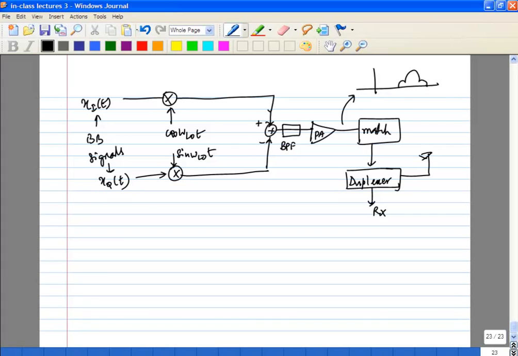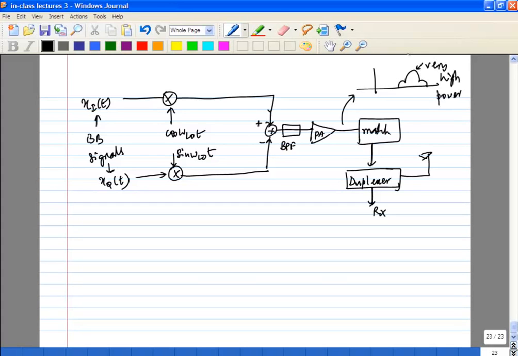So it's going to be some kind of modulated signal, and it's going to have very high power. The output of the PA is a modulated signal, so it's not a narrow pulse in your spectrum anymore. Okay, it's now a wideband signal. Okay, fairly wideband.